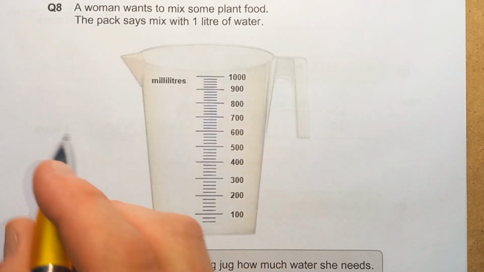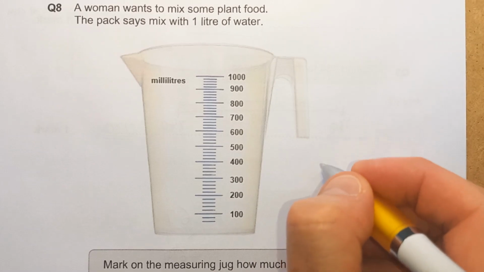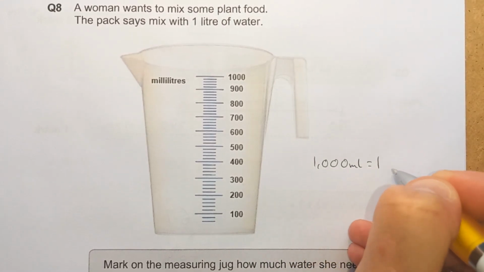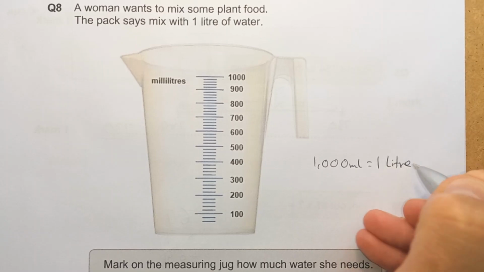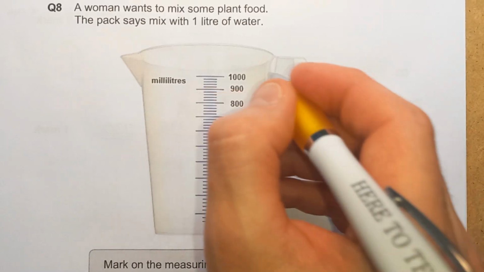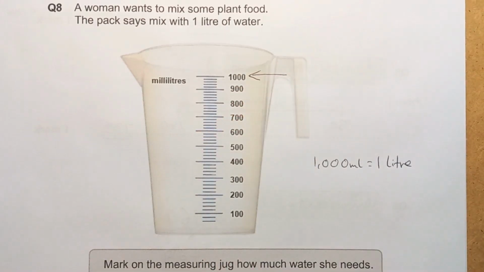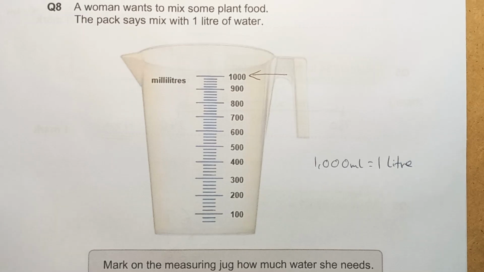Now, I do know that we've got 1,000 millilitres in 1 litre. So I can put an arrow on there. But as I say, if you can't remember all your conversions, just think, well, should I go with 1,000 or 100 or 10? Whatever feels most right to you.